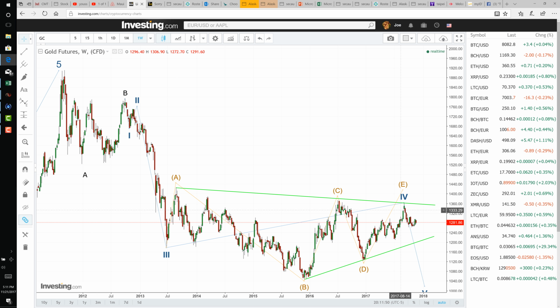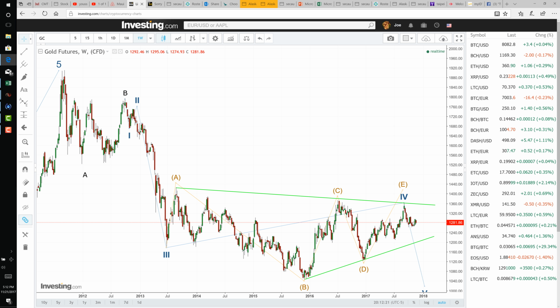So from the weekly, it looks like it needs to go down a little bit further, and then once it retraces, if you are going to go short, you would want to let it retrace at least 0.618 of that. This is just how I looked at it, and it took me about 5 minutes to come up with this, based on the patterns that I saw.